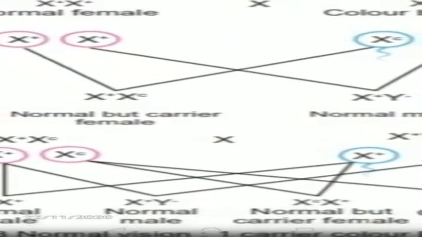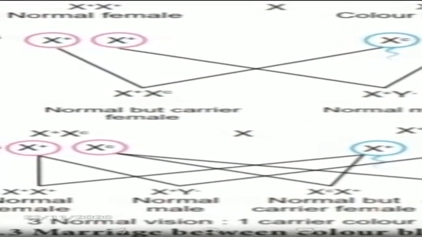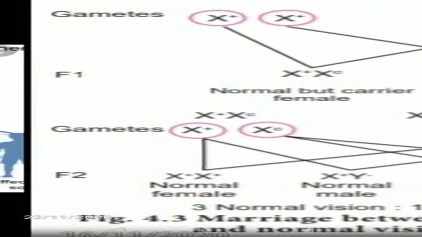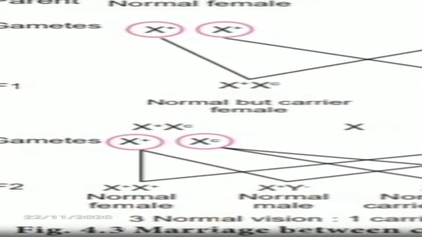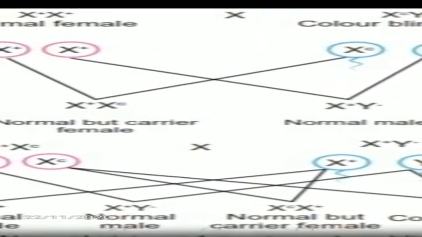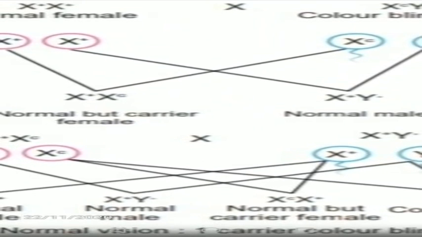A marriage between a color blind man and a normal vision woman will produce normal vision male and female individuals. If you see the F1 generation, they produce normal female, normal male. In the F1 generation, there is no infection.